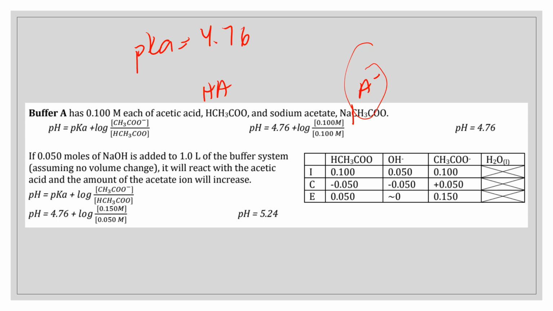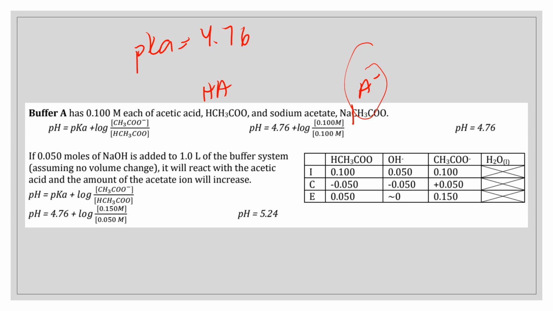So kind of like we did a couple of topics ago, we have some change in our buffer. So here, 0.050 moles of NaOH is added, and we're going to assume there's no volume change. It will react with the acid, and it's going to affect our equilibrium, so to speak.